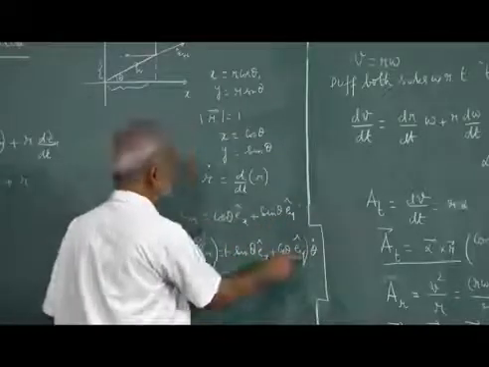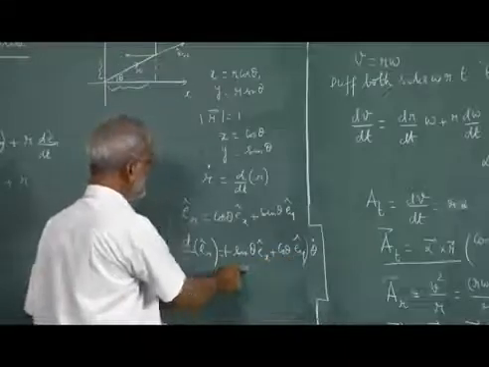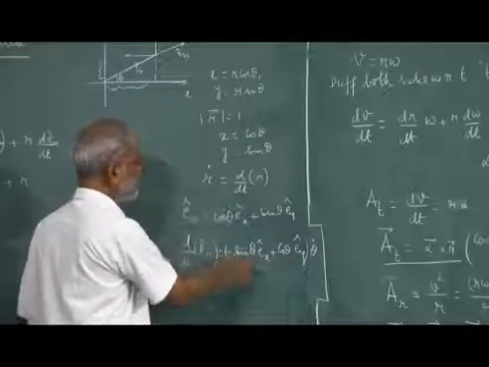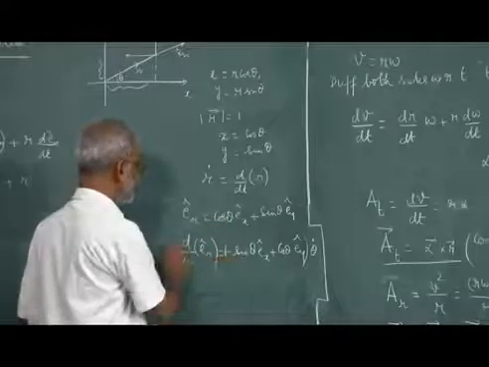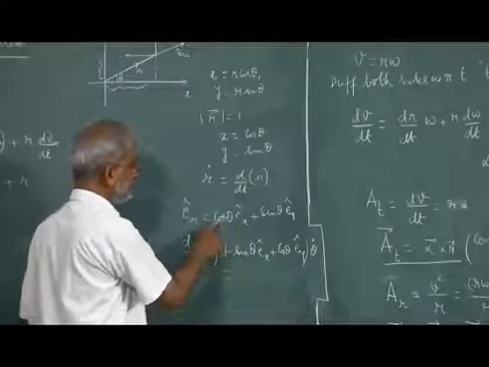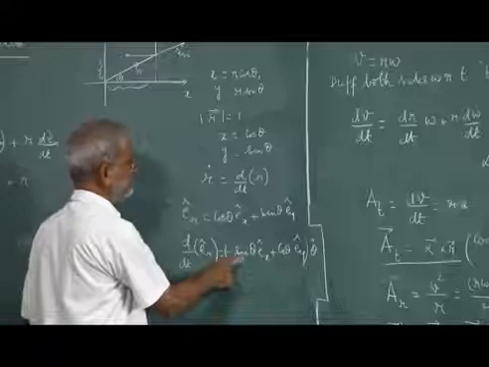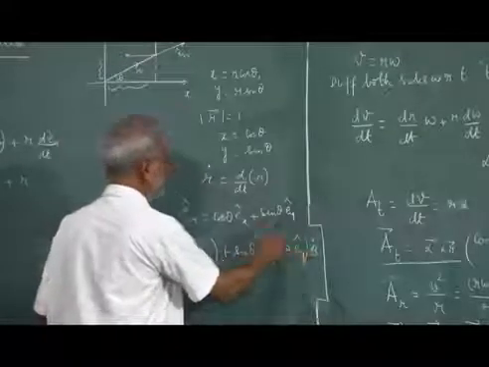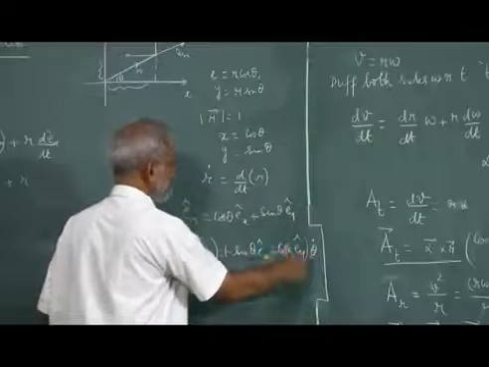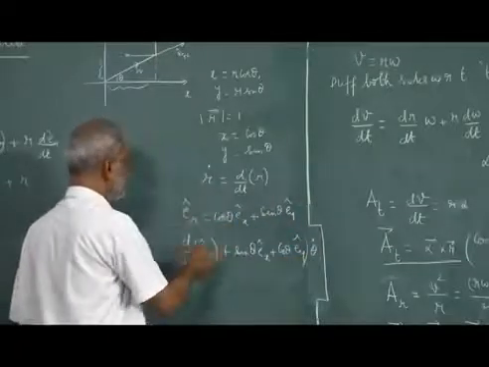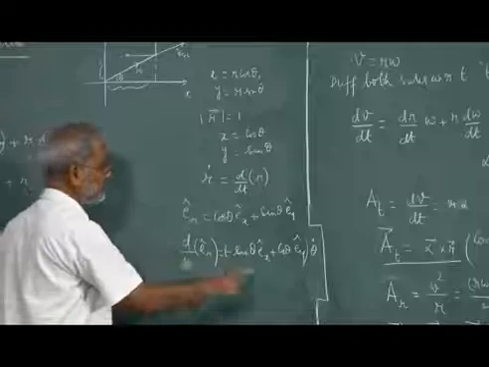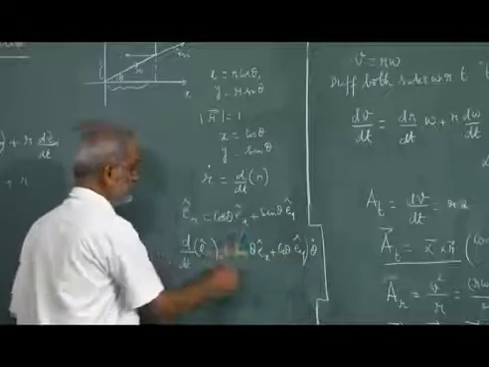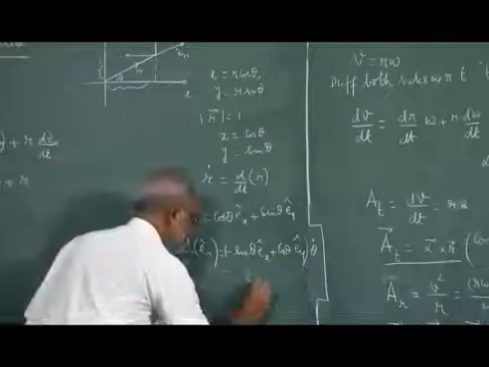Now what is this vector? Look at this vector, it is perpendicular to Er. If I take the dot product between Er and the resulting vector, it is minus cos theta sin theta times theta dot plus sin theta cos theta times theta dot, which is 0. Therefore this vector is the direction of E theta.